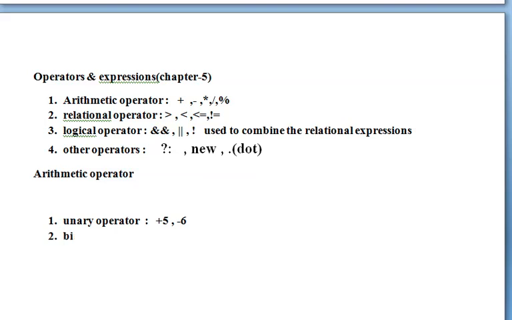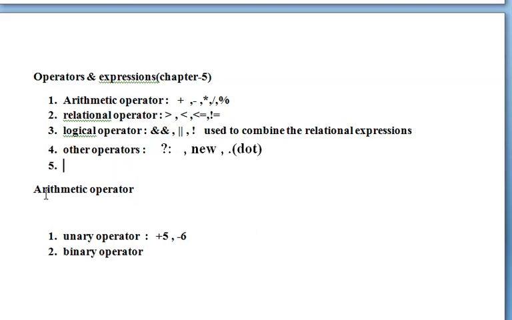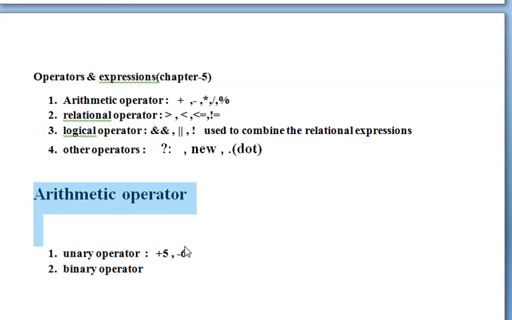Next one is binary. What is a binary operator? The binary operator acts upon two operands. Bi means two.